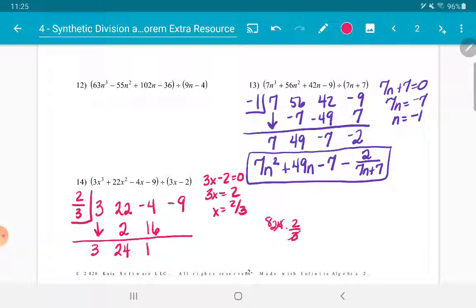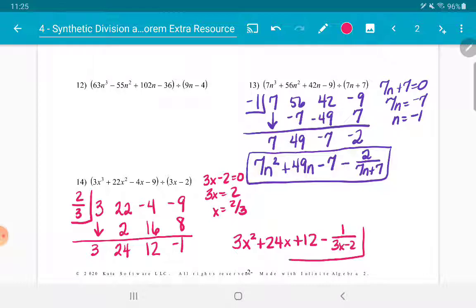Negative 4 plus 16 is 12. 12 times 2/3 is 8. Negative 9 plus 8 is negative 1. So our answer, since it's cubed, starts with squared: 3x squared plus 24x plus 12, minus 1 over our divisor, which was 3x minus 2.